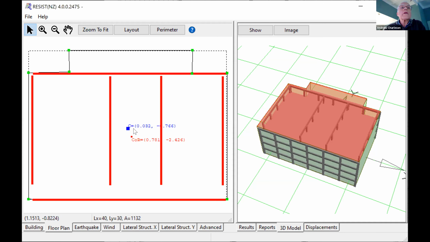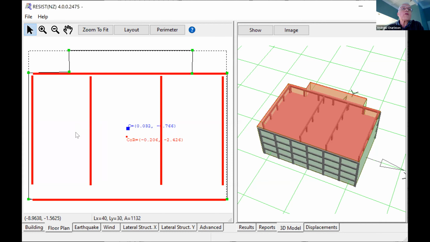The number in the blue is the coordinates of the center of mass of the building. The numbers in red are the coordinates of the center of resistance. Now, you don't need to worry about that as a student, really. But you want these 2 points to be fairly close together to avoid excessive torsion.